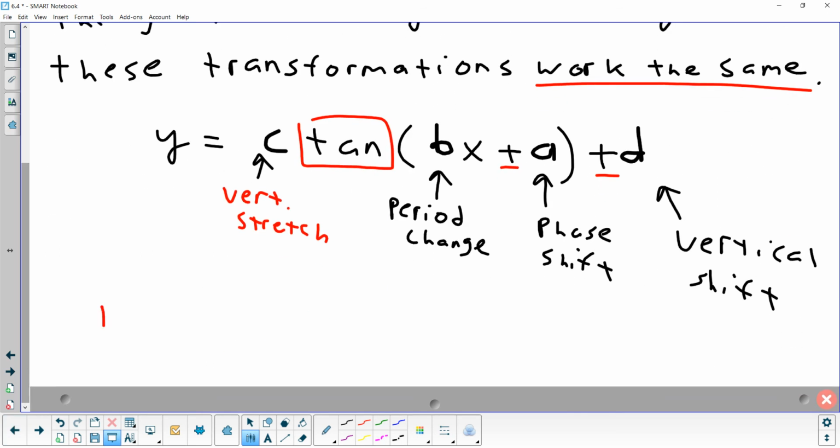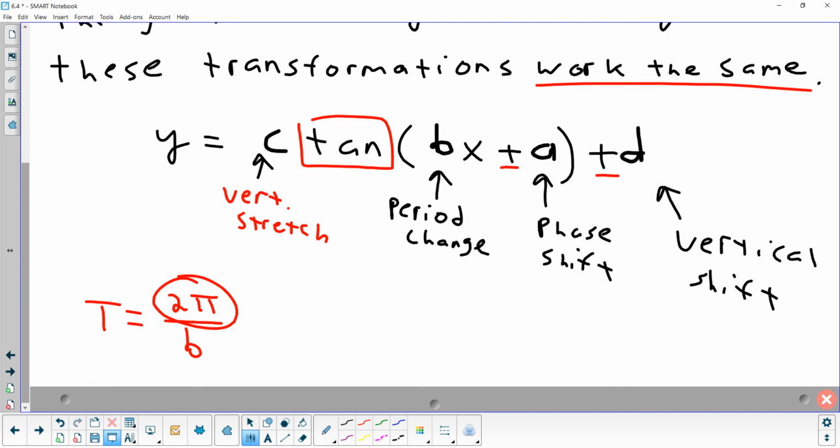So what was our formula to find the period of sine or cosine? It was something over B. It was 2 pi over B, because 2 pi was the natural cycle length of sine and cosine. Well, what's the natural cycle length for tangent and cotangent?